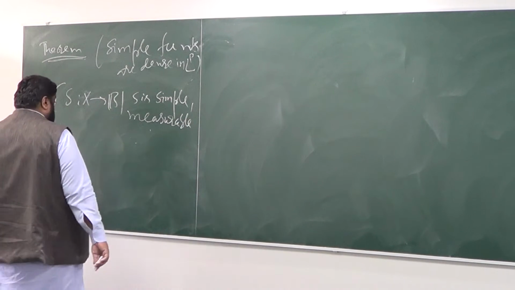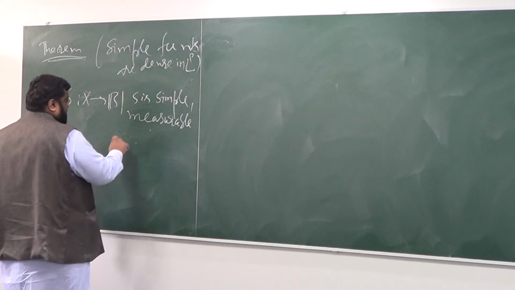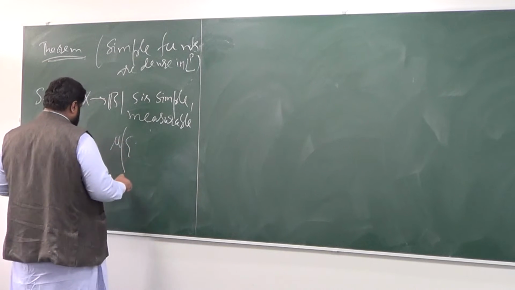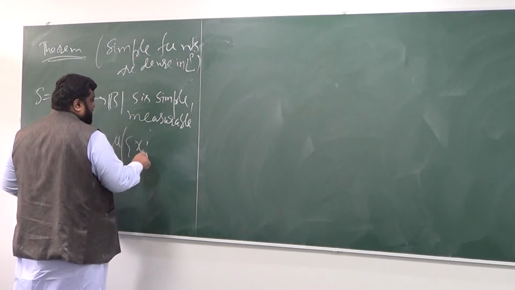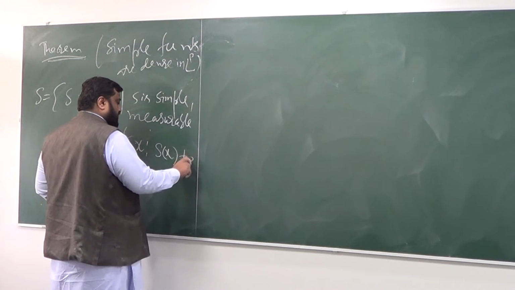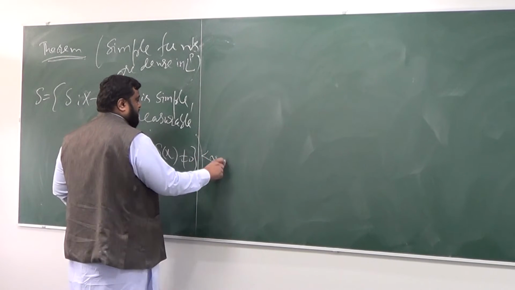We also want one property true: the collection of the points for which this simple function is non-zero has a finite measure.